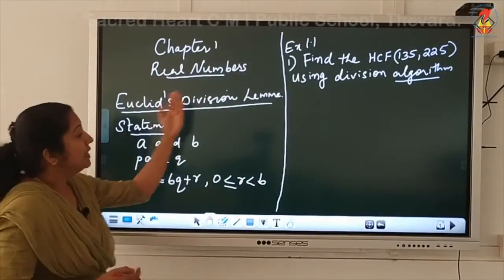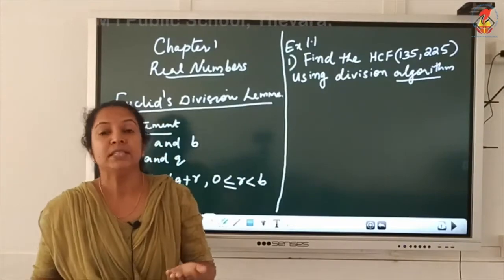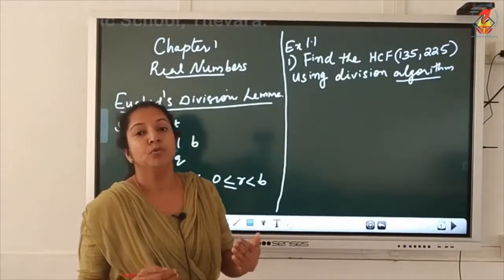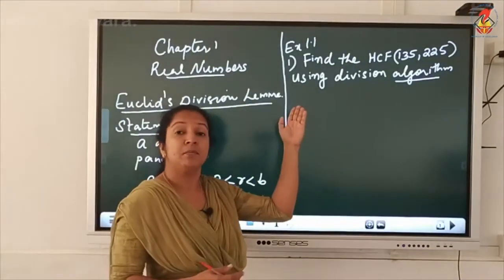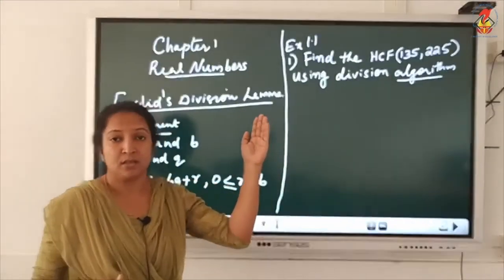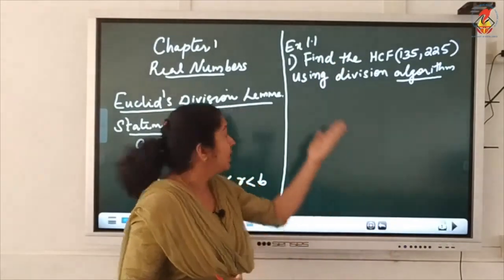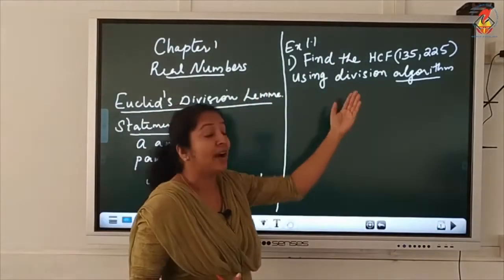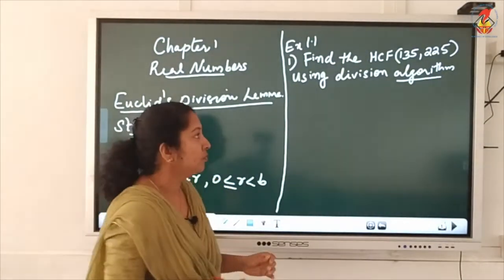A lemma is a proven statement which we can use for proving another statement. So, we are using these steps to find the HCF of 135 and 225.